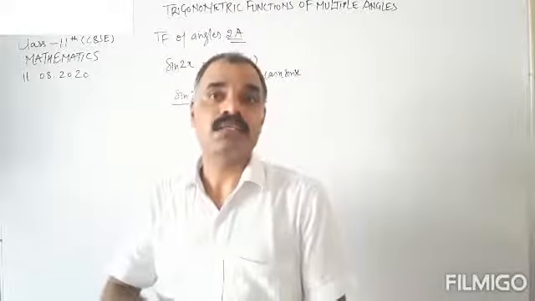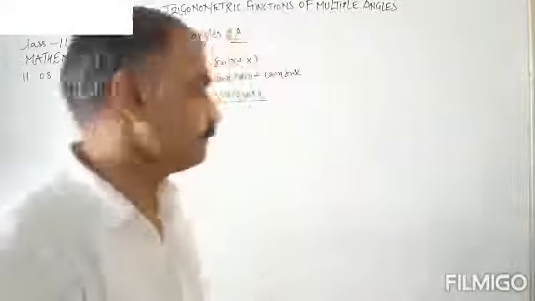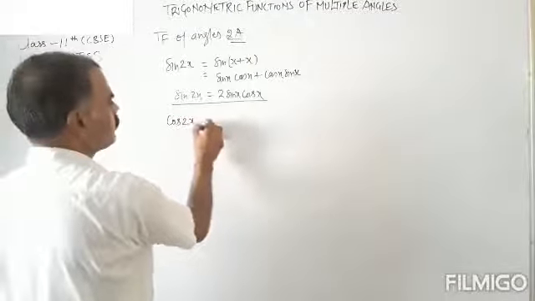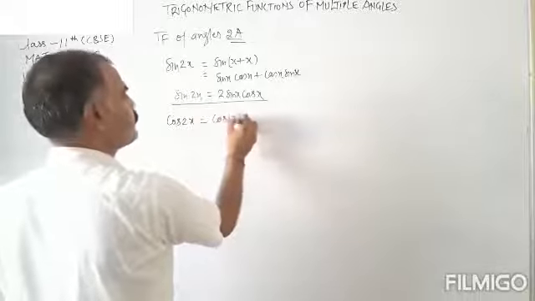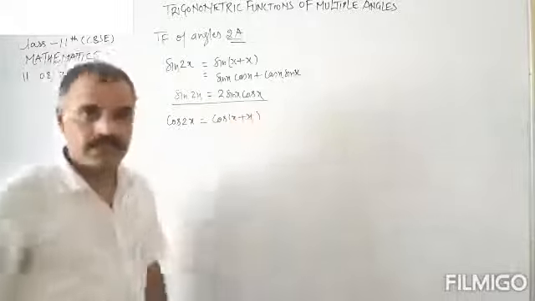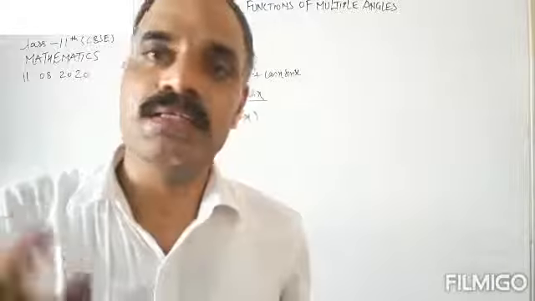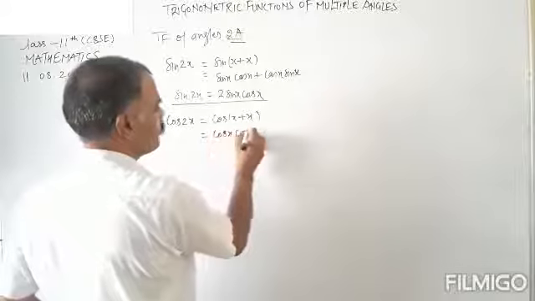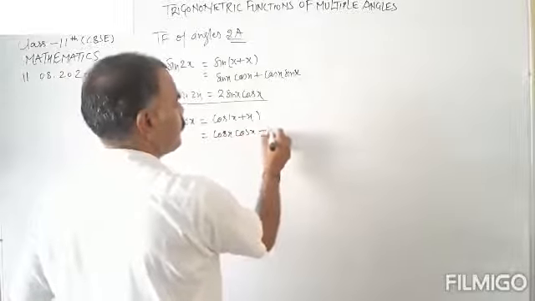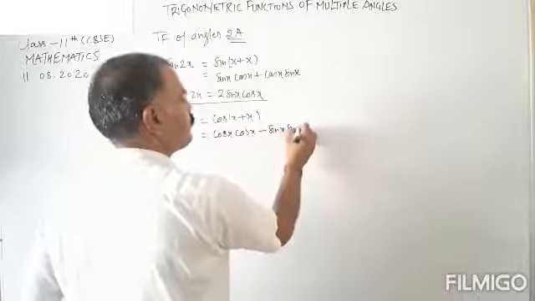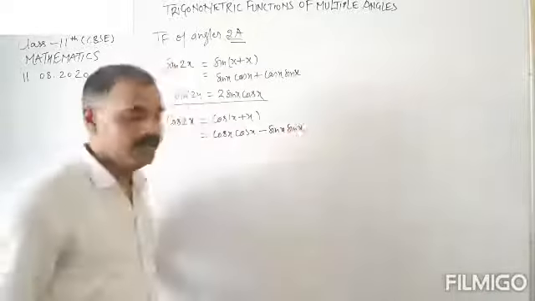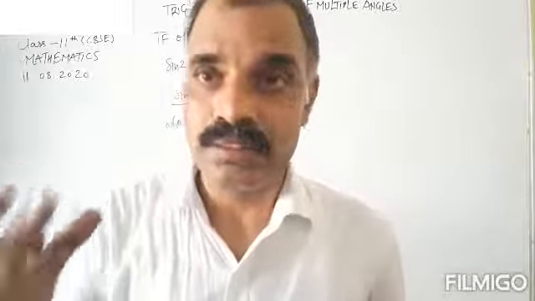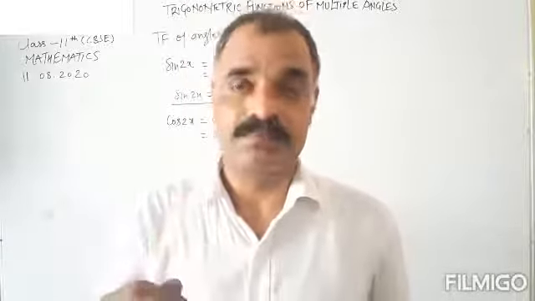Now we will discuss more trigonometric formulas. Cos 2x can be written down as cos of x plus x. So this is equal to cos x cos y minus sine x sine y, and in place of x and y both are the same variable, that is x.